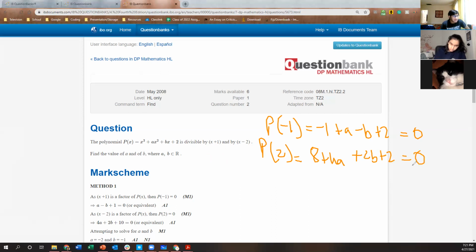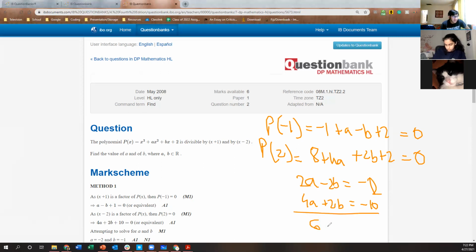And now I have an easy linear system of equations. On the top, I will have a minus b equals 2 minus 1 is 1, -1 on this side. And on the bottom, I'll have 4a plus 2b equals -10. I'm going to multiply both of these by 2 just so it'll make it easier to eliminate.